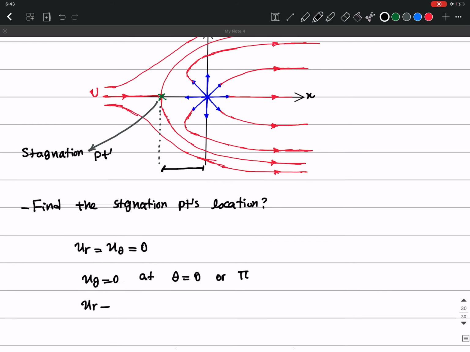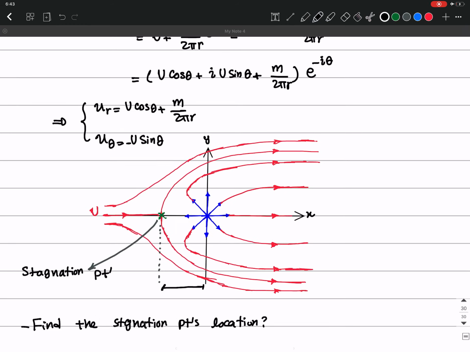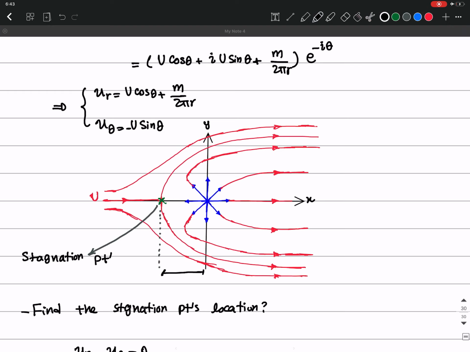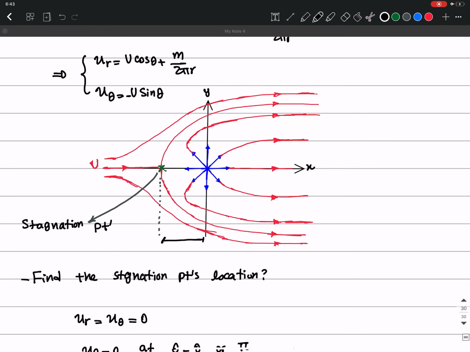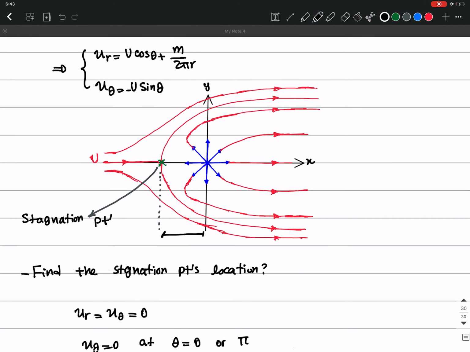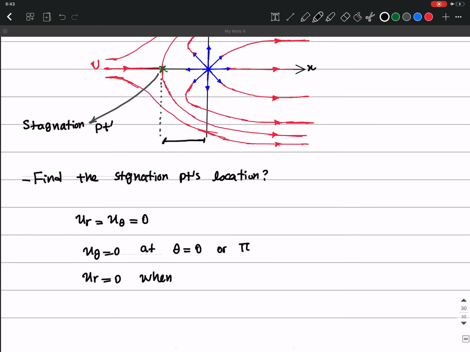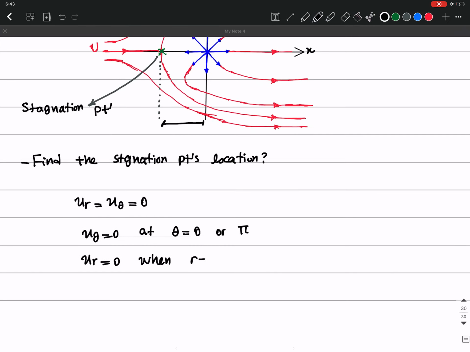And for U_r to become 0, based on this formula, r becomes minus m over 2 pi U cosine theta.